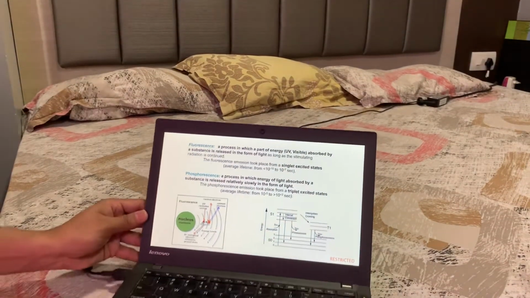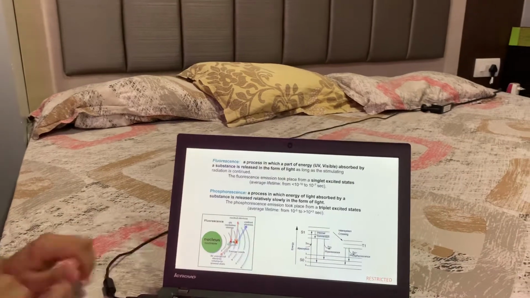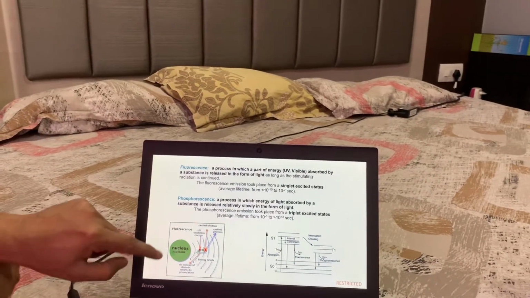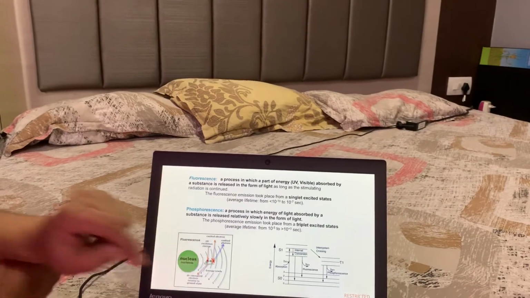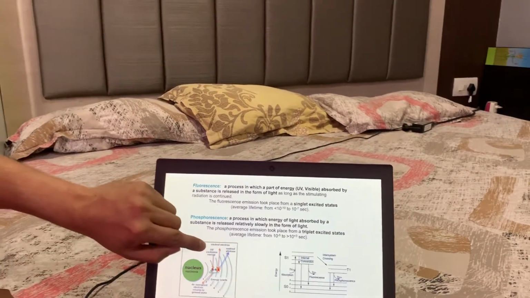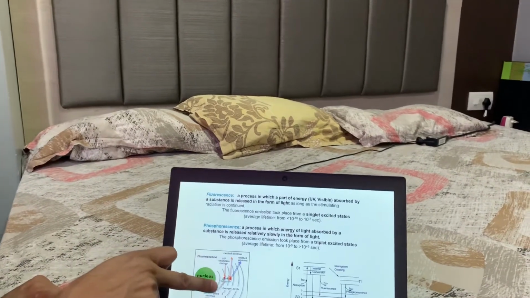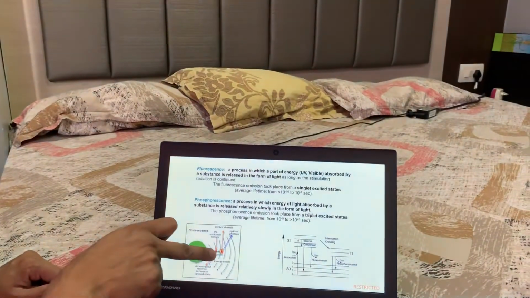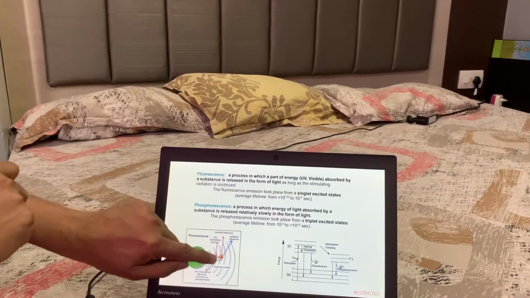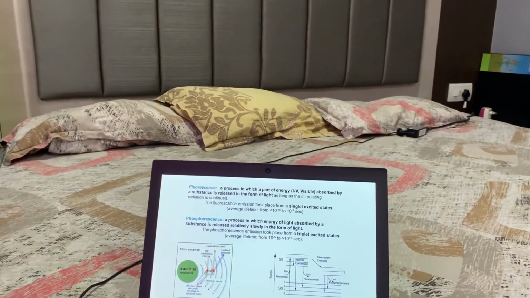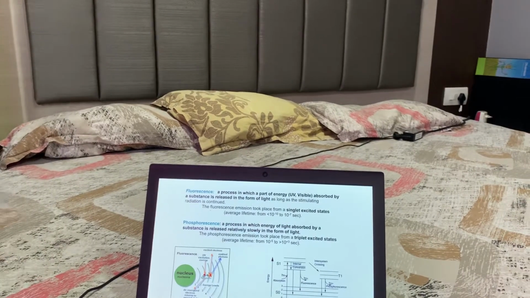This is a very important slide, so let me explain. This is the nucleus, and these are the different energy levels. When there is excitation by high energy ultraviolet radiation, the electron moves to a higher state, and when it returns to the lower state, there is a release of energy, which can be captured in the form of fluorescence.